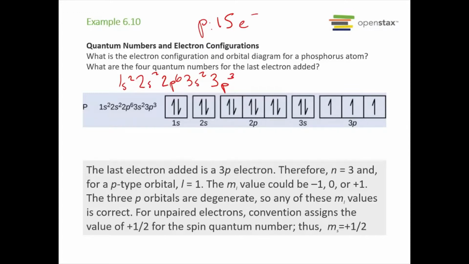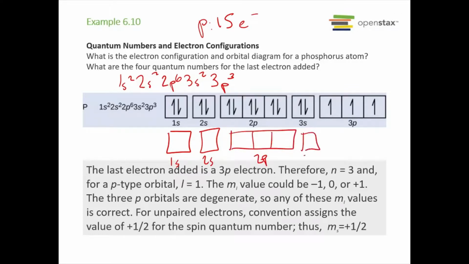You can either do that first, or you can do the orbital diagram first. Some people prefer doing the diagram first because it lets them visualize it and then go back and write the configuration. They start drawing boxes. I know I'm going to need 1s, 2s, 2p.